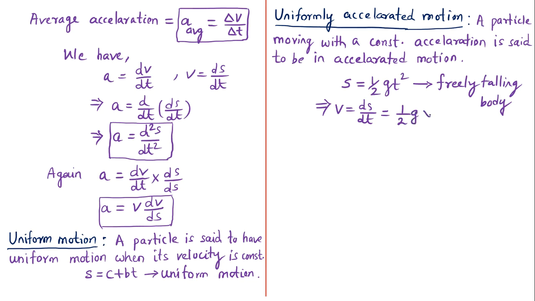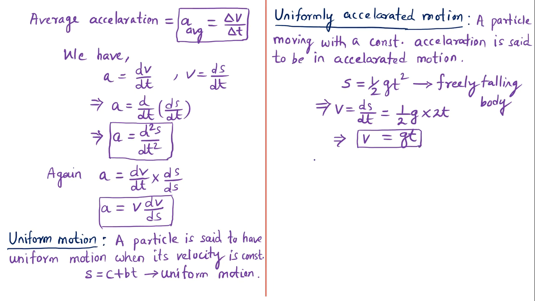Half g is constant, and the derivative of t square is 2t, the 2 cancels, so v equals gt. That means velocity is a function of time. Here velocity is not constant, so it is not an example of uniform motion.